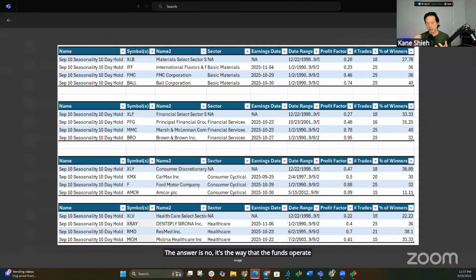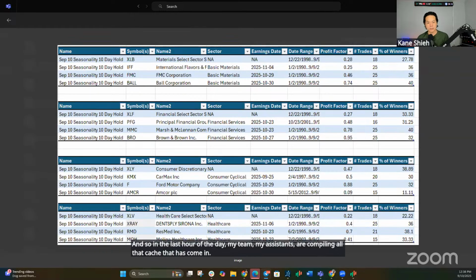If I'm a fund manager, I don't necessarily know if cash is being added to my accounts during the day. So in the last hour of the day, my team and my assistants are compiling all the cash that has come in that now needs to be invested, and I only have an hour left to get it done, so I'm rushing.